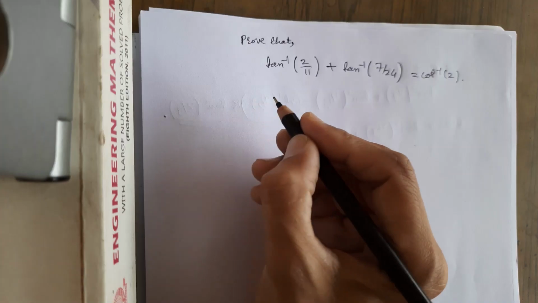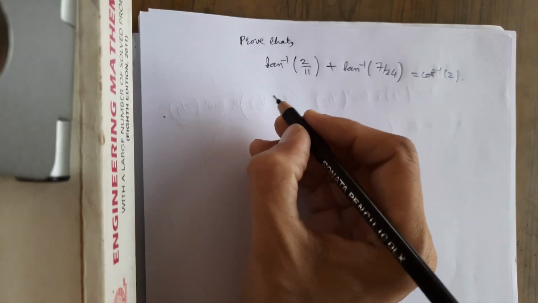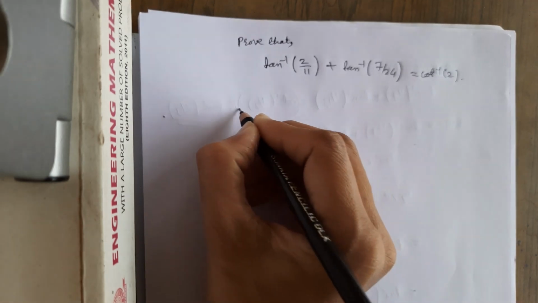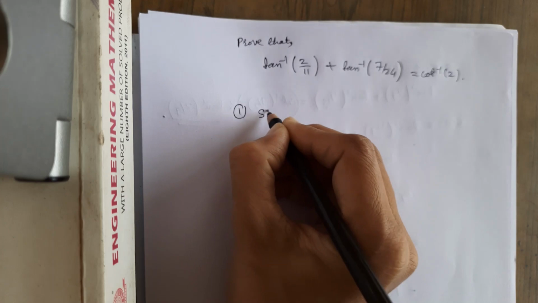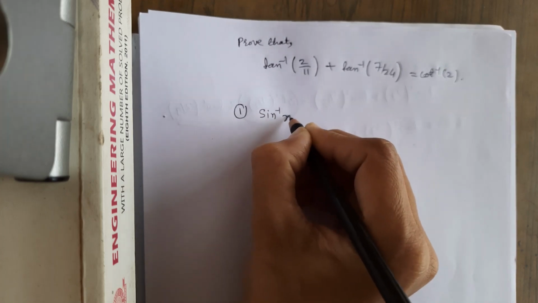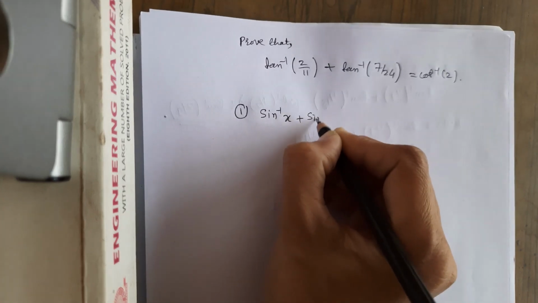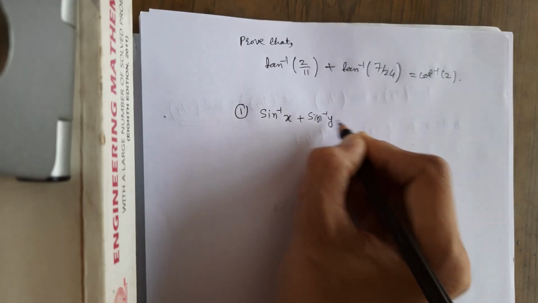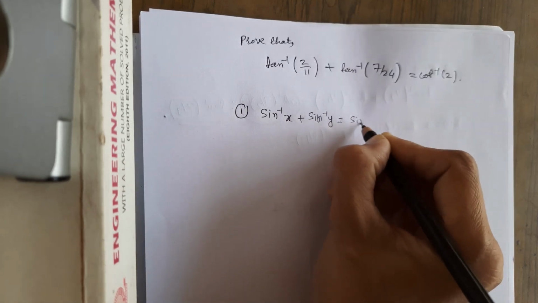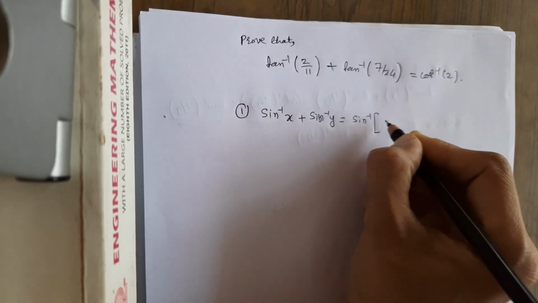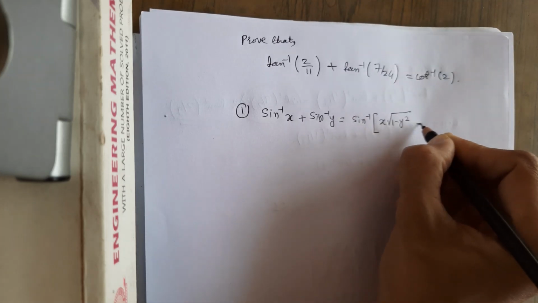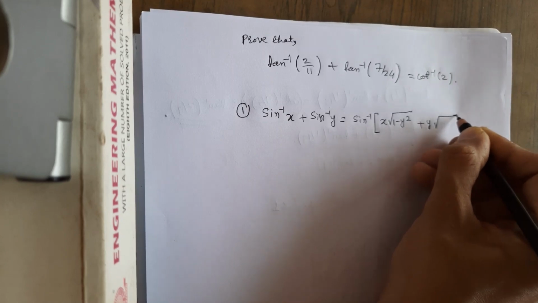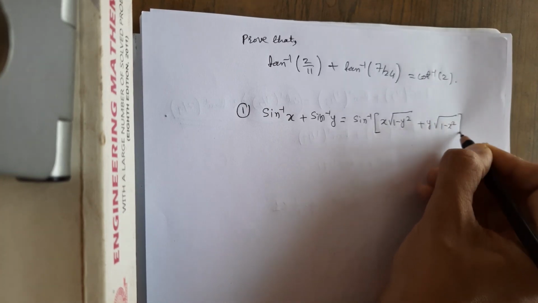Okay, we have one more property for the sine and cosine inverse functions, which I am writing here. Sine inverse of x plus sine inverse of y is equal to sine inverse of x root 1 minus y square plus y root 1 minus x square.